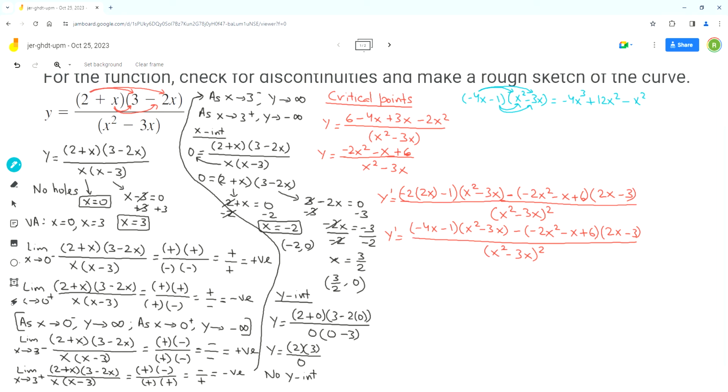And -1 times -3x is positive 3x. Now we can combine these terms. So we get -4x³, combining like terms, plus 11x² plus 3x.